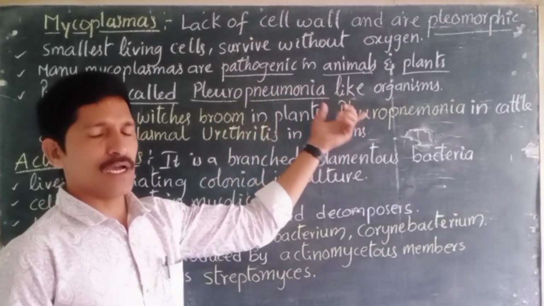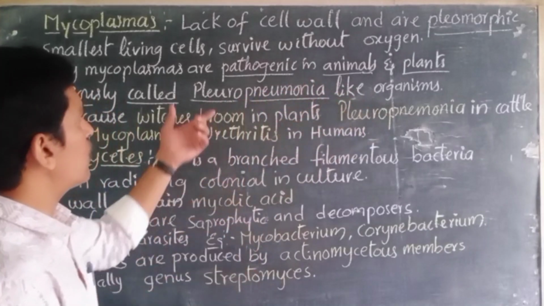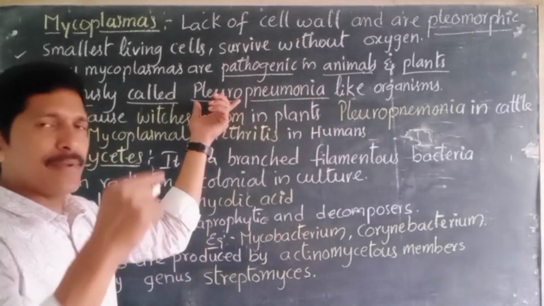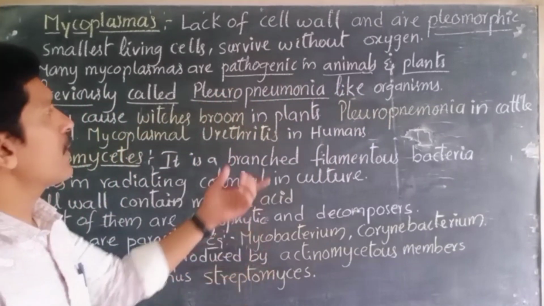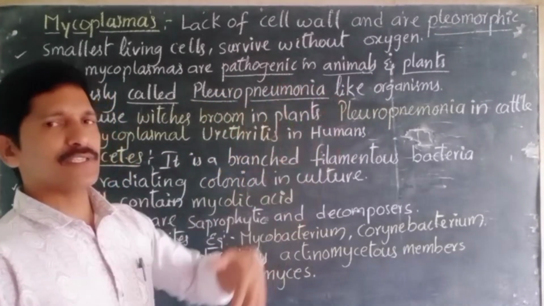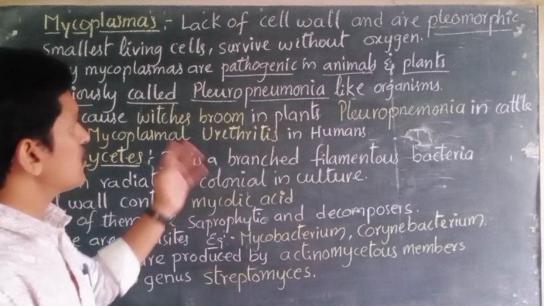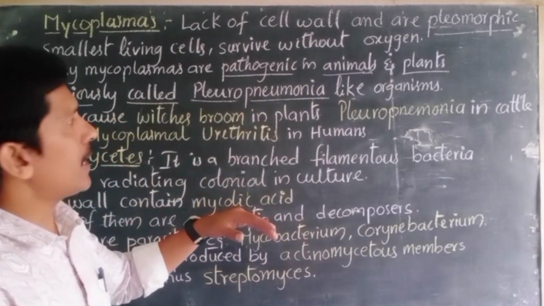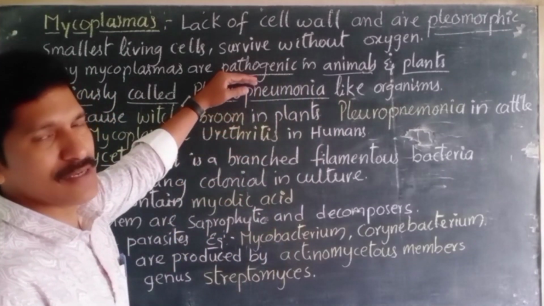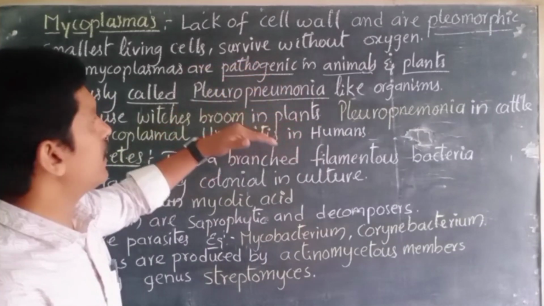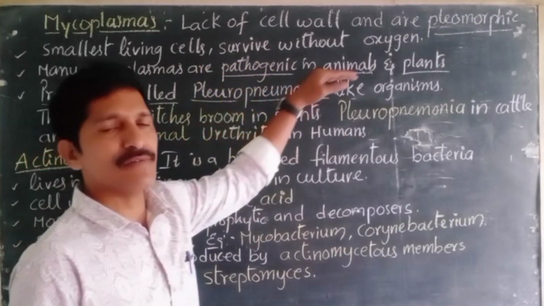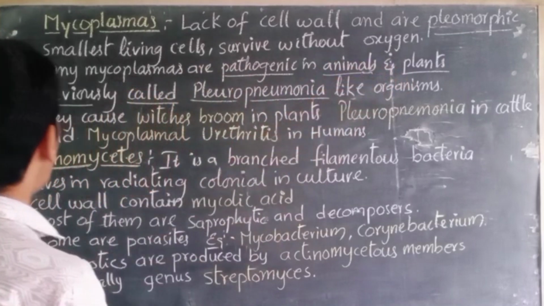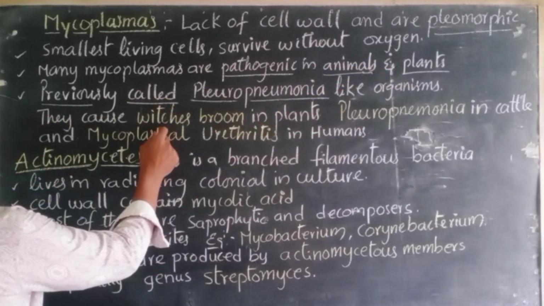We have some idea about pleura: the membrane around the lungs is called pleura, and pneumonia is the disease which occurs in the lungs, right? So indirectly we can understand that these pathogenic organisms cause lung diseases in animals, right?